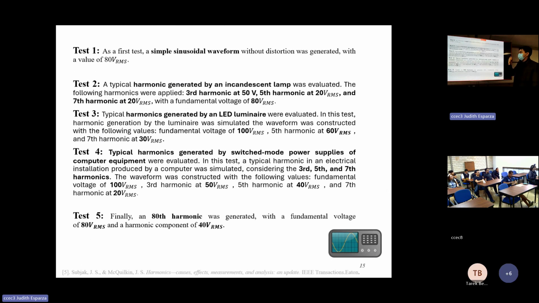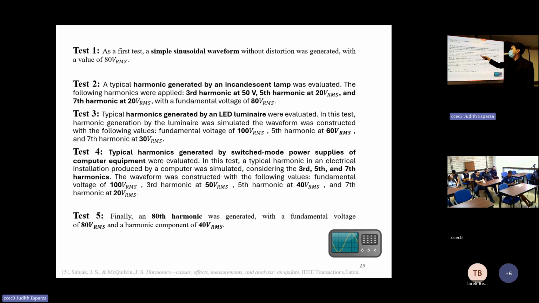I performed five tests. Test one is a simple sine wave. Test two is harmonics generated by incandescent lamps, the 3rd, 5th, and 7th harmonics.